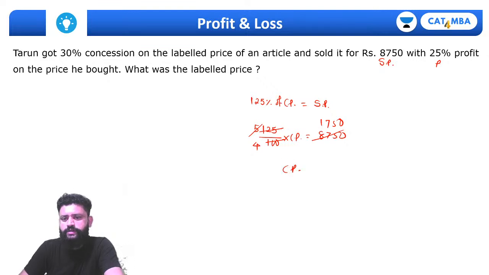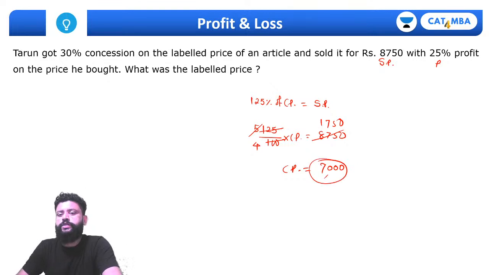Cost price must be 1750 into 4. 4000 हो जाएगा, 750 का 4 times हो जाएगा 3000. This total comes out to be 7000, right? So cost price is 7000 and he's selling at 8750 and making a profit there, right?